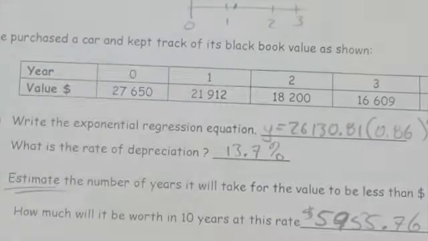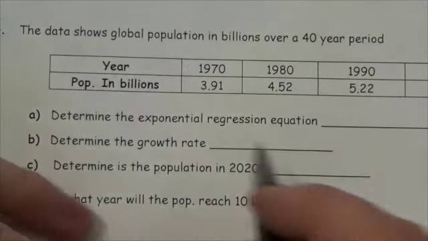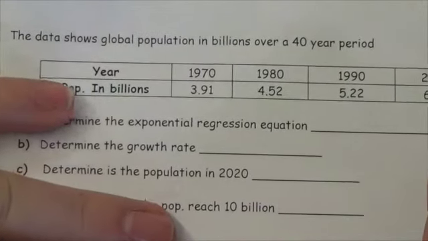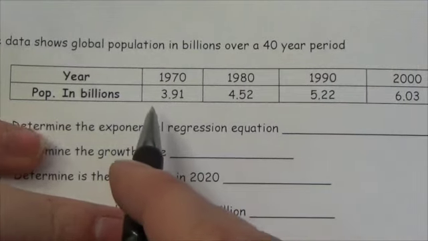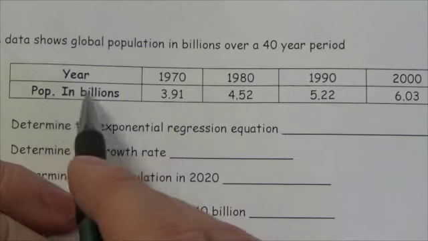We're going to do one more question. Answer the following questions about this chart that shows global population in billions over a 40-year period. Okay, so before we jump into entering these numbers in here, we might want to second guess a little bit what we're doing here. We've got the year 1970, and notice that we're given the population in billions here.